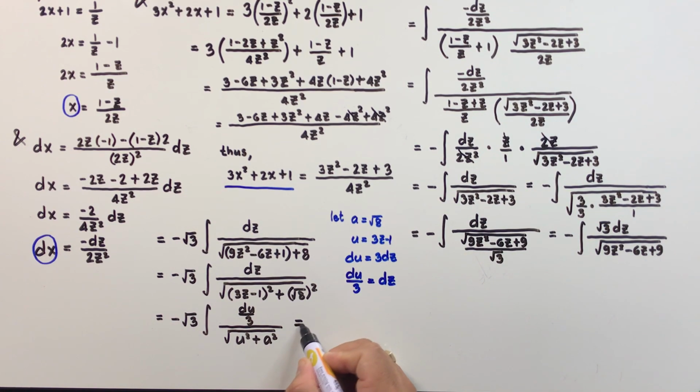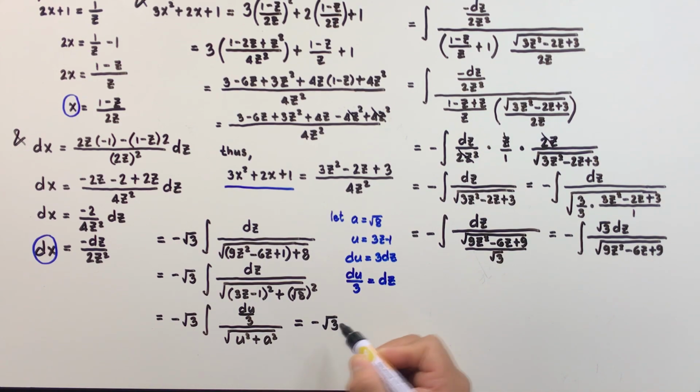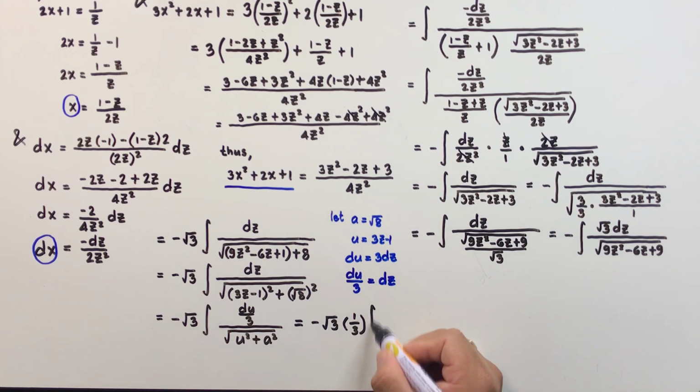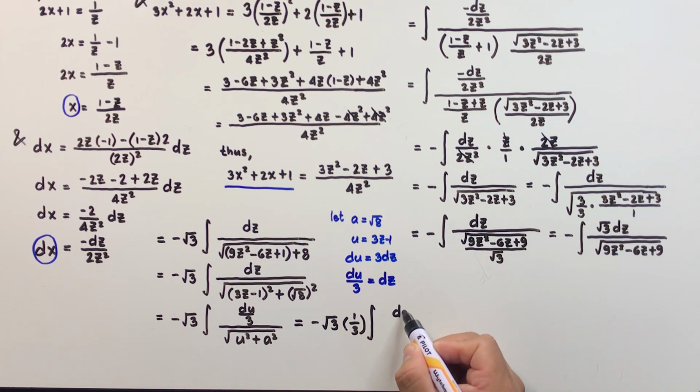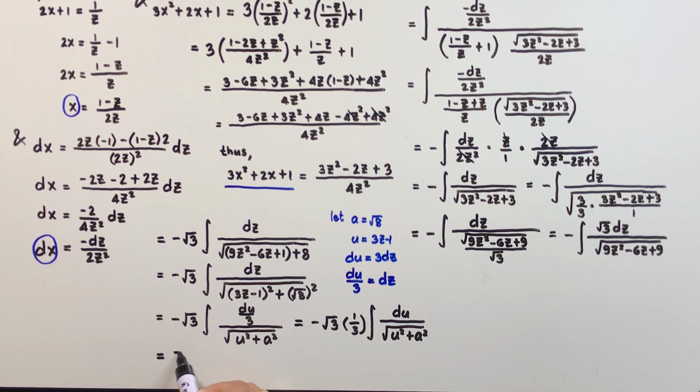And this is equal to the negative square root of 3 times 1/3 when you factor out this 3 here, multiplied to the integral of du over the square root of u squared plus a squared. And this is so familiar to us from our video number 5 that this is equal to the natural log of u plus the square root of u squared plus a squared, added to the constant of integration c.